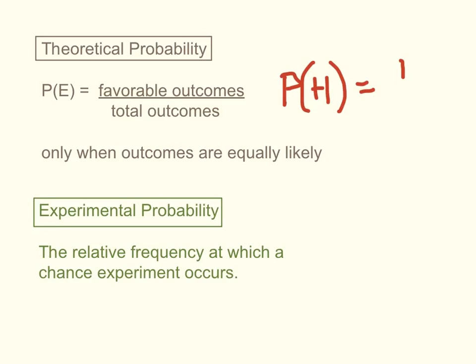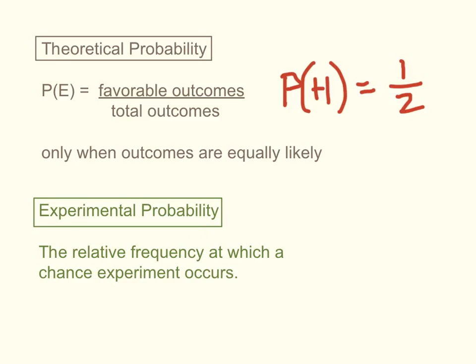One side of that coin has a head on it, and there are 2 total possible outcomes. Now, this is only going to be true when the outcomes are equally likely. And of course, when we toss a coin, it's equally likely that it'll land on heads and land on tails.